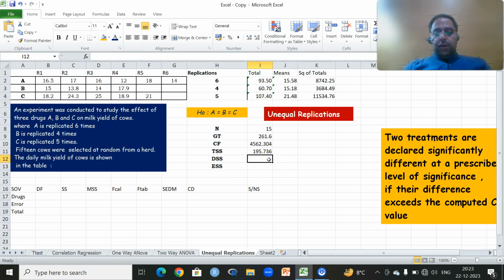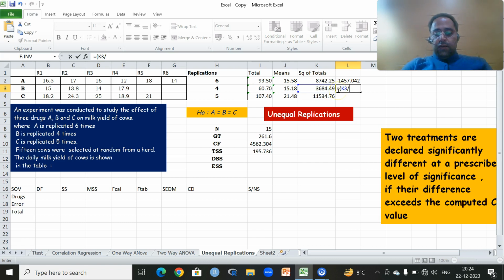Now we have the treatment sum of square. In this case we have three different drugs, that is why this is DSS. The normal procedure is to get the square of the totals, which we have done, then divide it by the number of replicates. But each and every treatment is replicated an unequal number of times. So for that we will use this whole divided by 6, because this treatment total of square is replicated 6 times. Then this one is replicated 4 times.